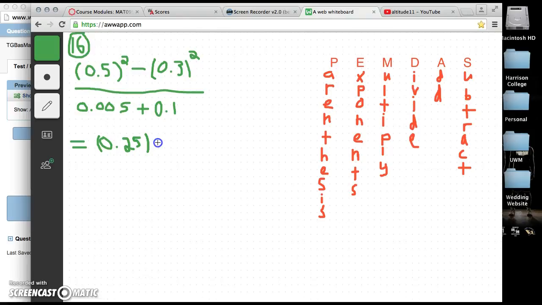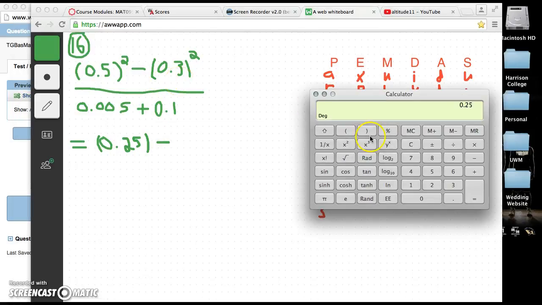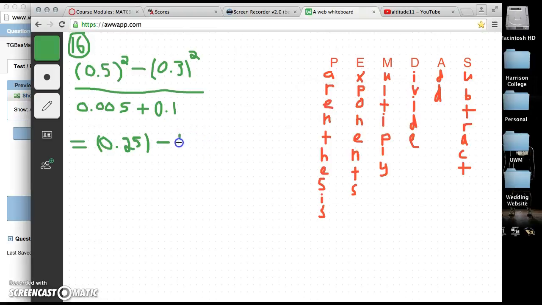We're going to subtract that from 0.3 squared. Let's go ahead and do that. We're taking 0.3 and multiplying it by itself twice. So 0.3 times 0.3 is 0.09.